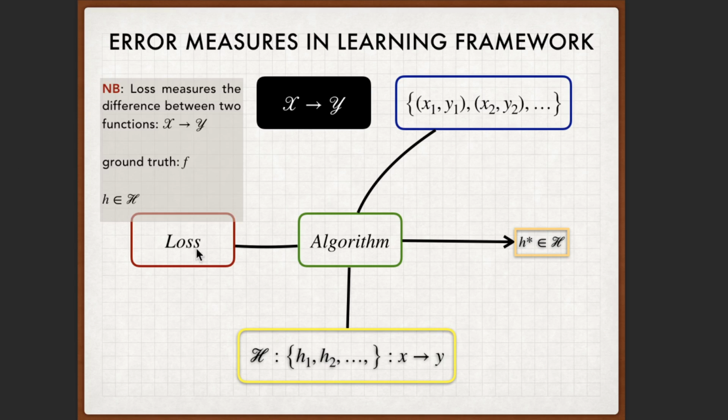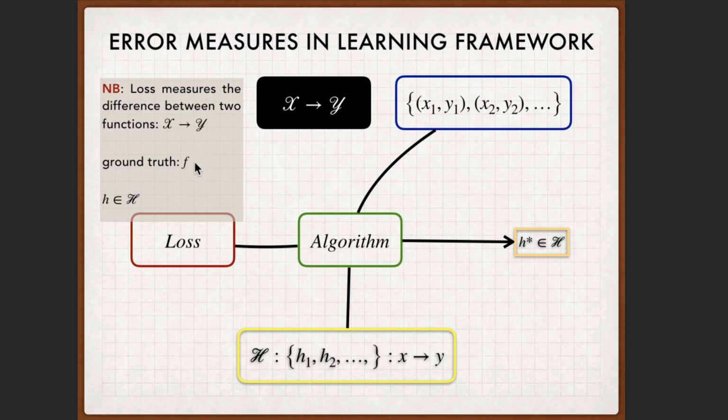Now let us realize that this loss function's actual role when it is deployed here is to measure the difference between two functions, and the two functions are two maps from the x space to the y space.